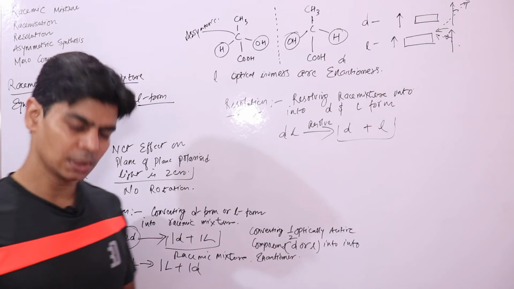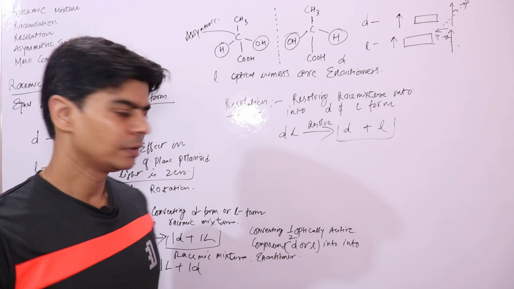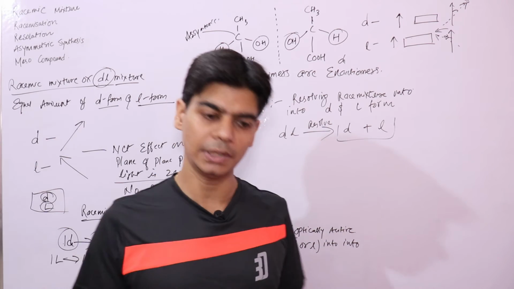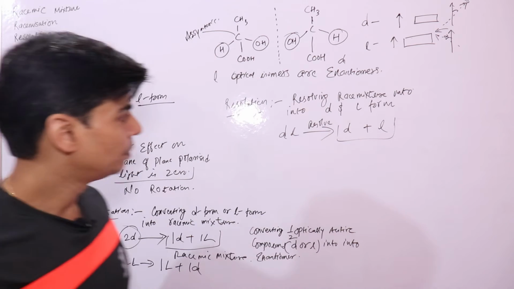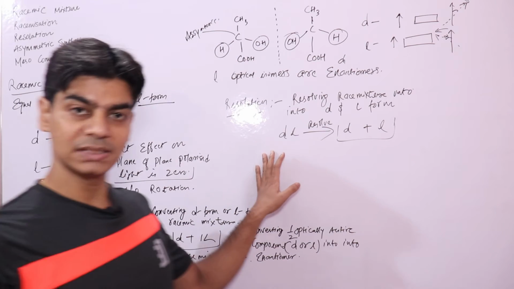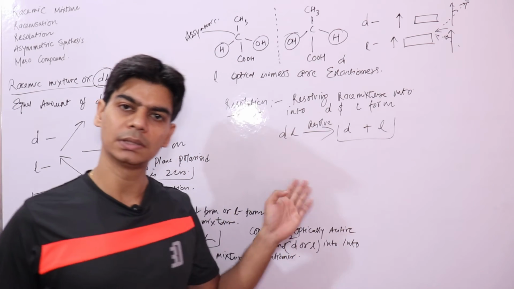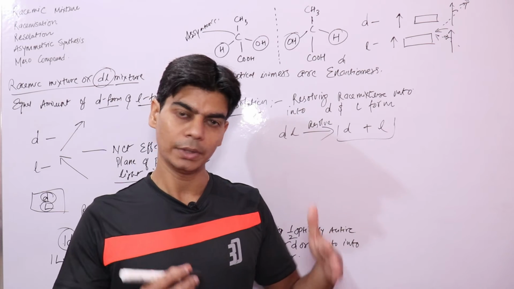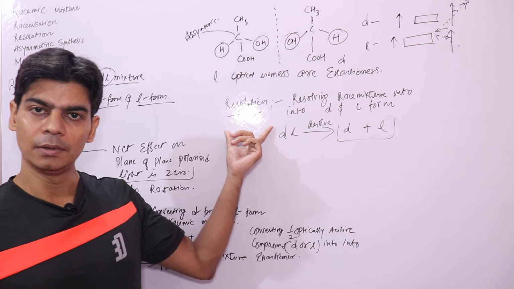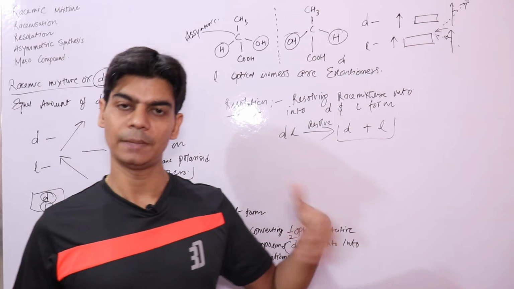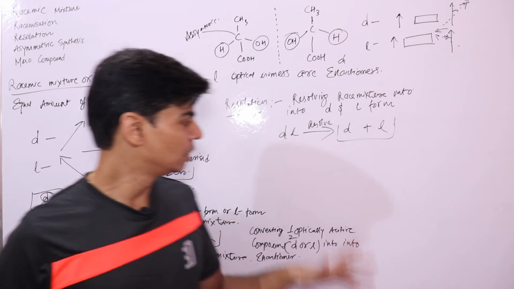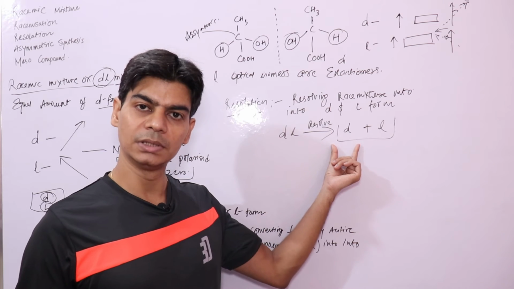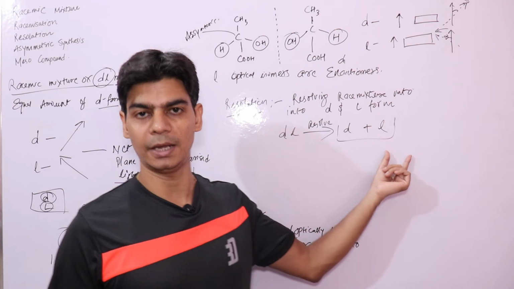Basically, this is a separation technique where you have a mixture and you are separating the mixture into its components. So the mixture here is the racemic mixture, and its components are the D form and the L form. So using various separation techniques in resolution, you will resolve the DL mixture into D form and L form.